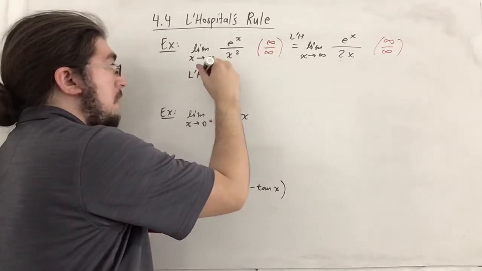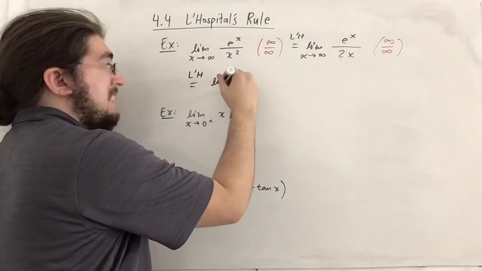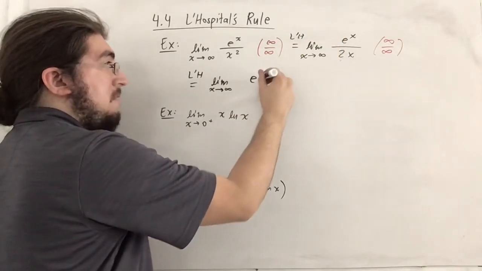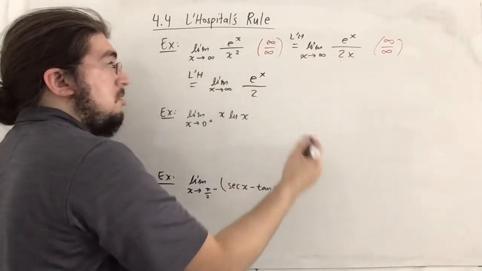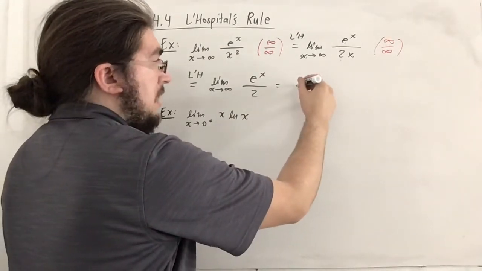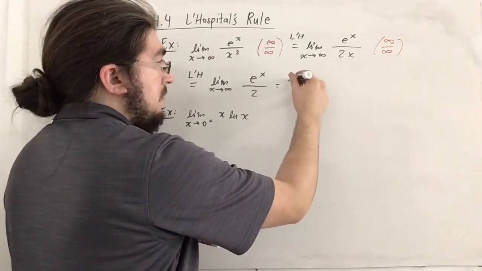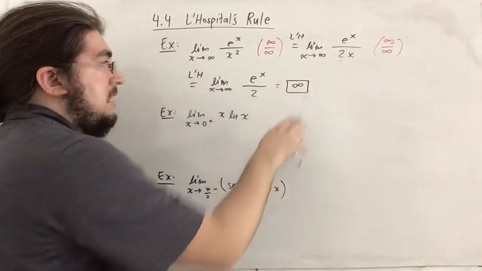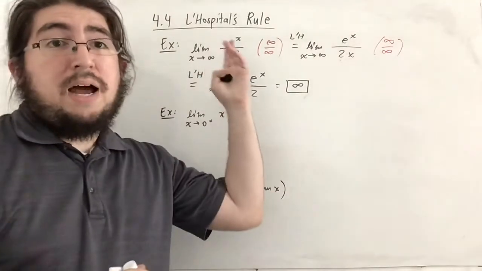So applying L'Hopital's rule once more gives us the limit as x goes to infinity of the derivative of e to the x, which is itself, over the derivative of 2x, which is just 2, and now when you plug in infinity directly, you get e to the infinity, which approaches positive infinity. Great. And what this actually suggests is that e to the x grows faster than x squared.